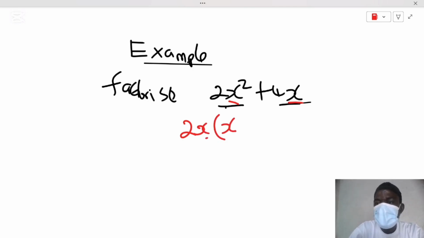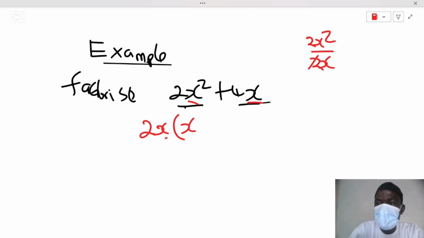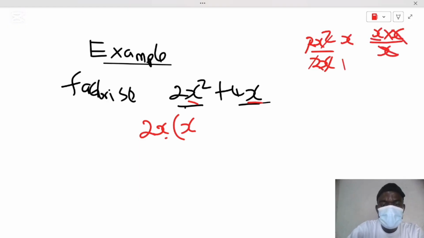It's like you have 2x squared divided by 2x. The 2 and 2 cancel, and x squared divided by x is x.